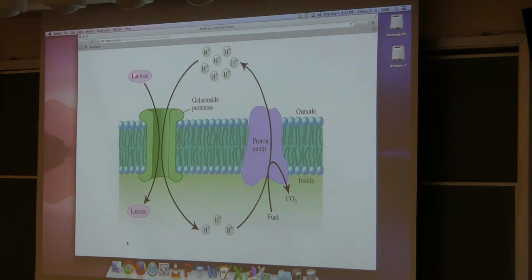Meaning, lactose is in higher concentration in the cell than out of the cell. This concentration gradient is working to bring lactose in. So a secondary system uses a concentration gradient as a way of making something happen that would otherwise not be energetically favorable. Yes?